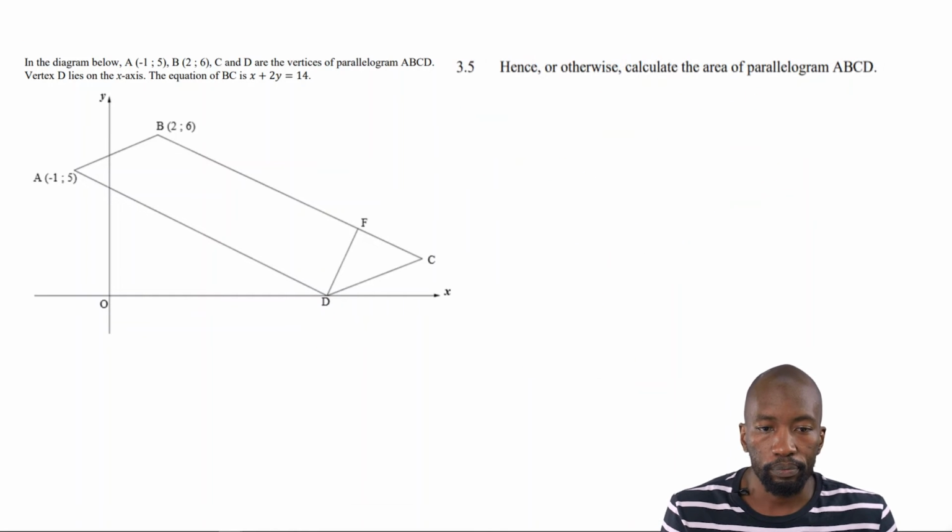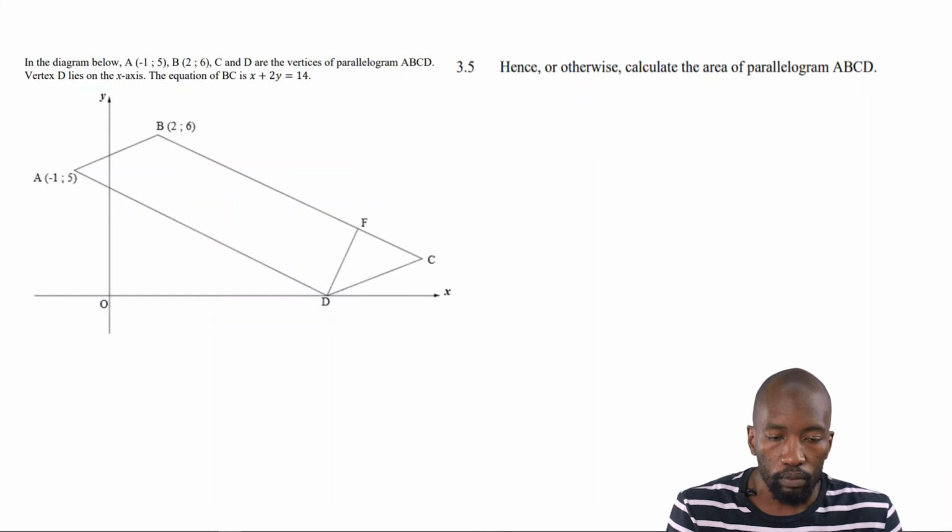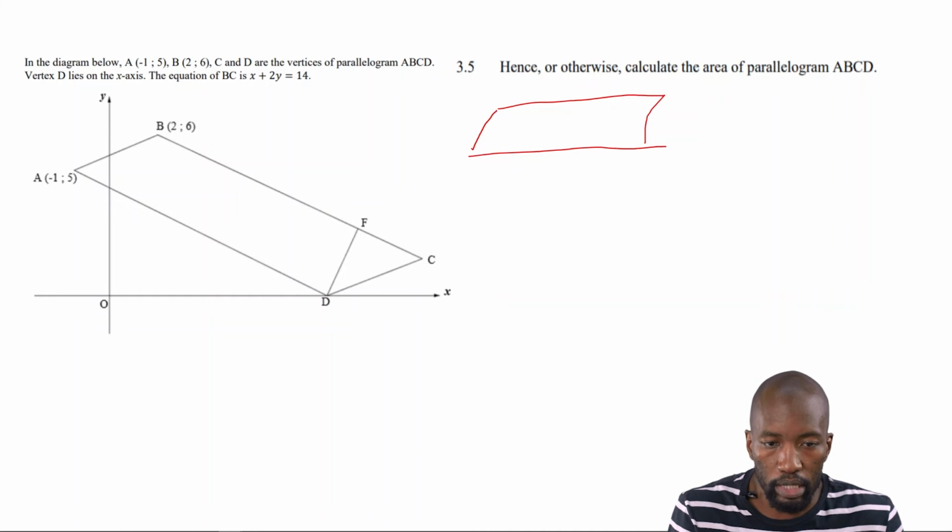Now let's carry on. Hence or otherwise, calculate the area of parallelogram ABCD. Now the area of the parallelogram, remember, if we have a parallelogram like this, it will be the base multiplied by the perpendicular height. And the perpendicular height in this instance is going to be DF.